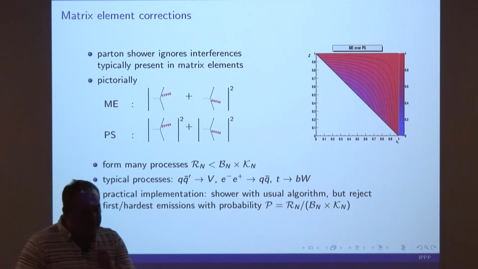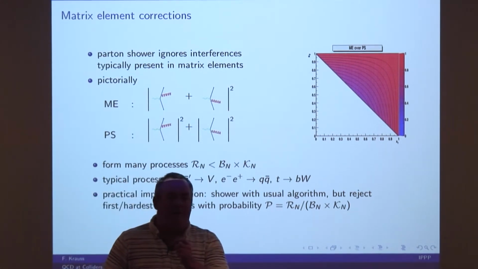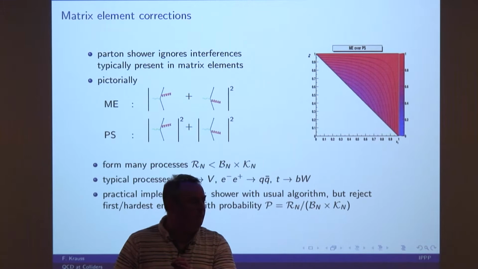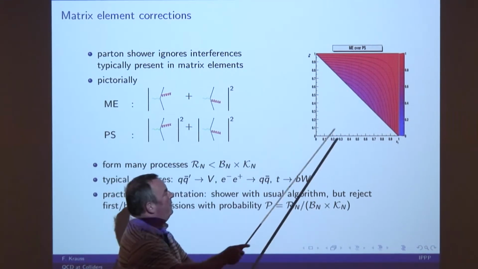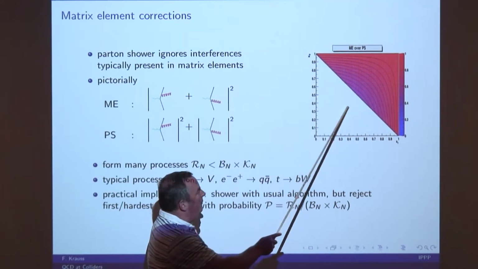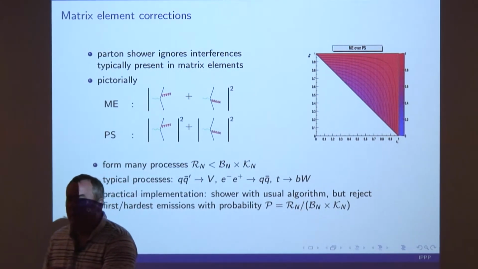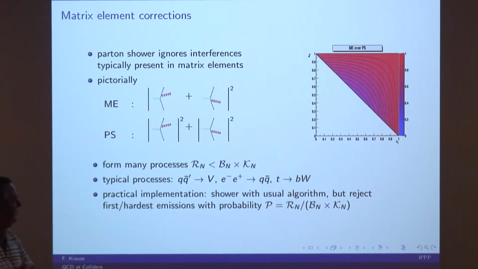So there's an implicit danger that the parton shower, in that specific case, overestimates the jet production. And the harder the third jet, the worse the parton shower. And that's not nice. So there's a simple trick we can do. The simple trick goes as follows.